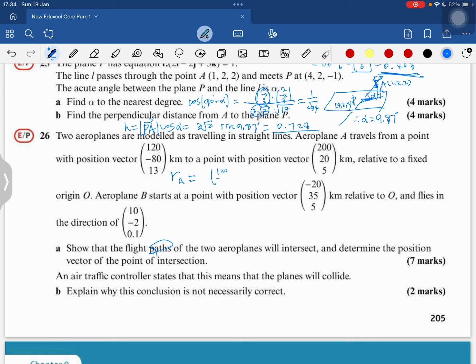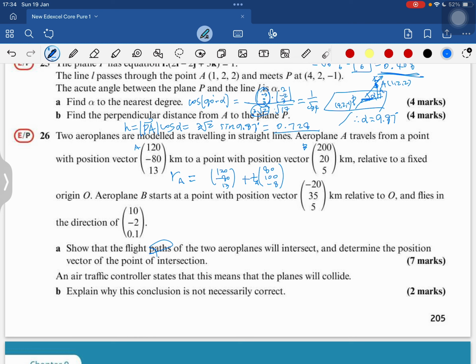So -120, -80, 13 plus TA, let me call it TA. So we start from A to B, so the direction is A to B. So the AB vector is B minus A. Like this.